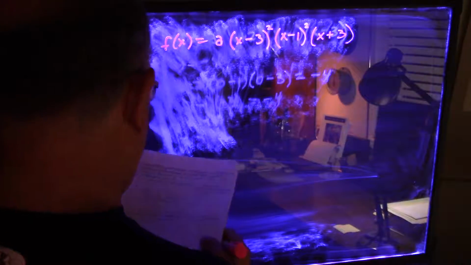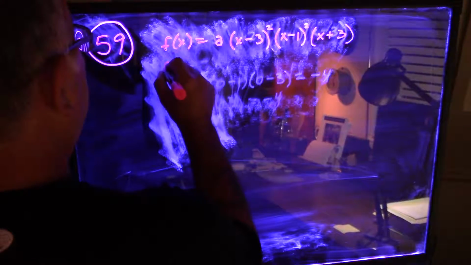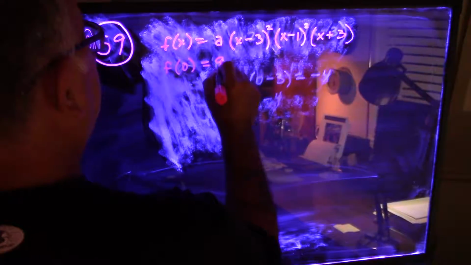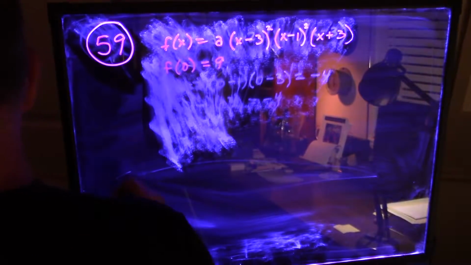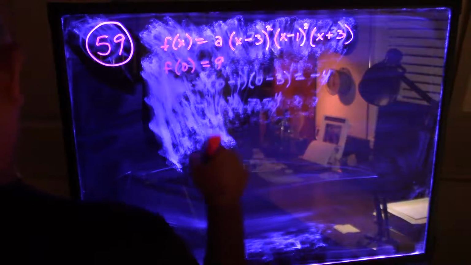Okay, so we know that f of 0 equals 9. That's your y-intercept. So set all of this equal to 9 and let x equal 0.